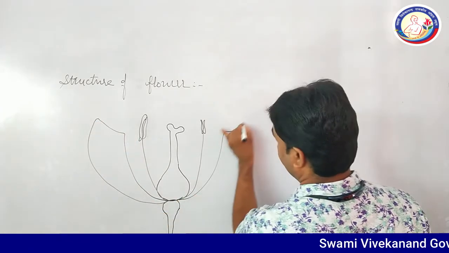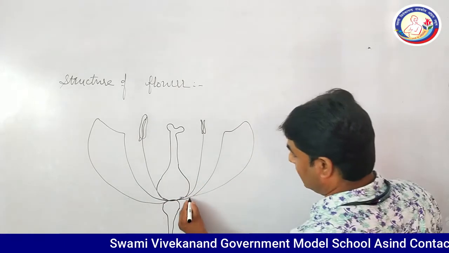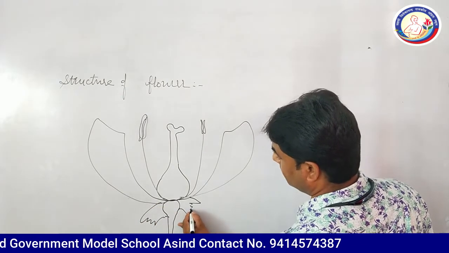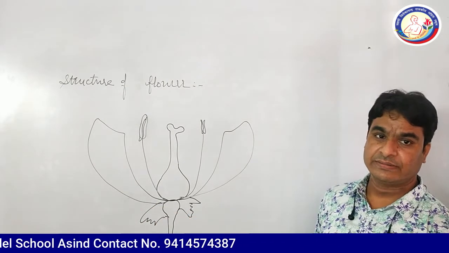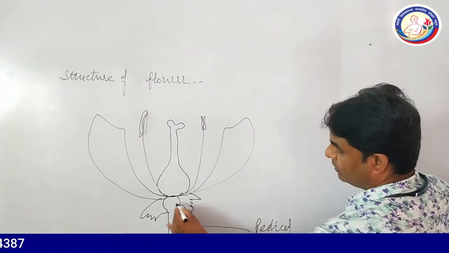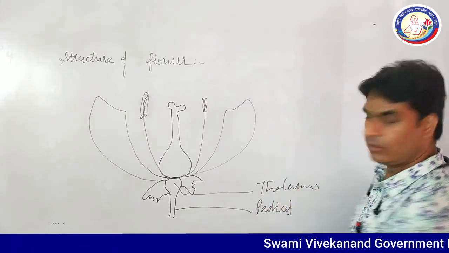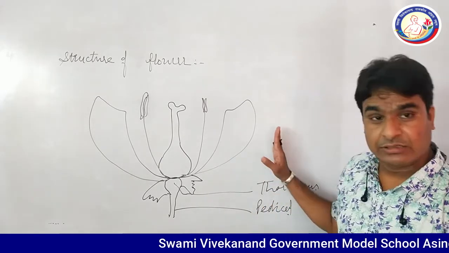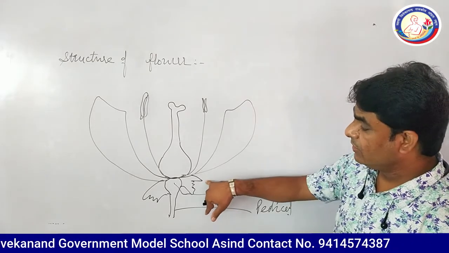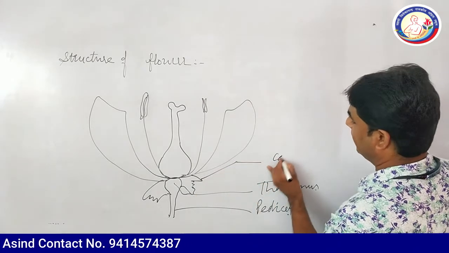These are the colorful structures found in the flower, and these are the petals, and these are the green colored structures, and these are the calyx. This is the pedicel. This swollen structure is known as the thalamus. In the structure of an angiosperm flower, the outermost whorl is known as the calyx.